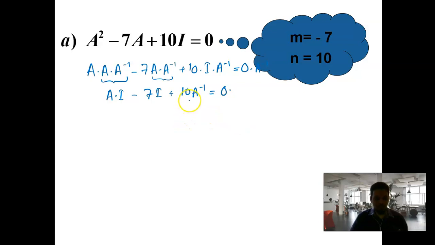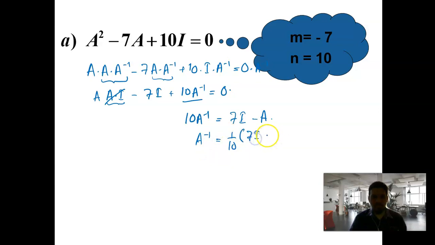Because we like to find the A inverse, then A inverse equals 7I, make it positive here, 7I minus A, since A multiplied with identity equals A. So bring it here and it becomes negative A. Then A inverse equals 1 over 10, 7 multiplied with identity minus the matrix A.